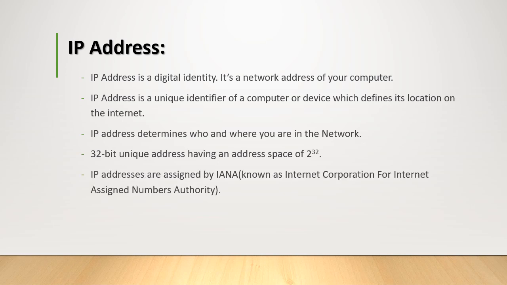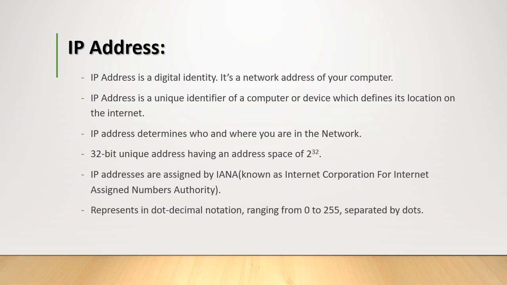And who assigned this IP? It is assigned by IANA initially. If you take a connection from an internet provider, who gives the IP address? The ISP, the service provider. For example, if you have an Airtel broadband connection, who provides an IP address to you? Your Airtel service provider, who is an ISP.